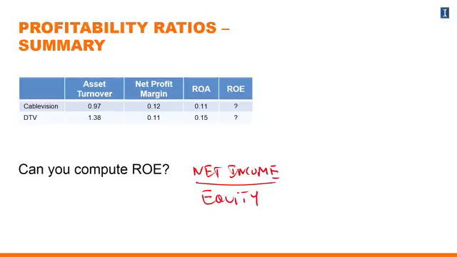But we know that book equity for these companies is negative. So you really could not use ROE to measure profitability for Cablevision and DirecTV. It's a measure that does not make much sense. It wouldn't be very useful for you.